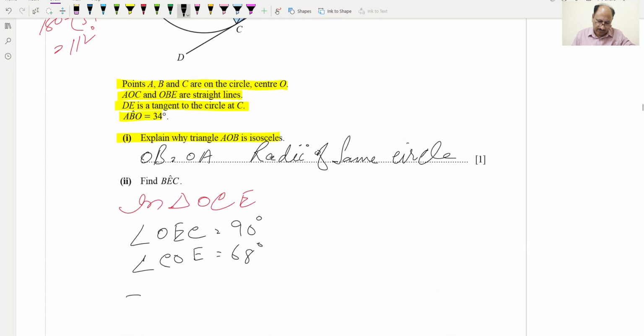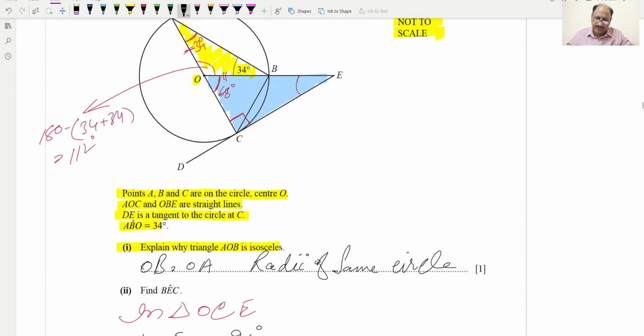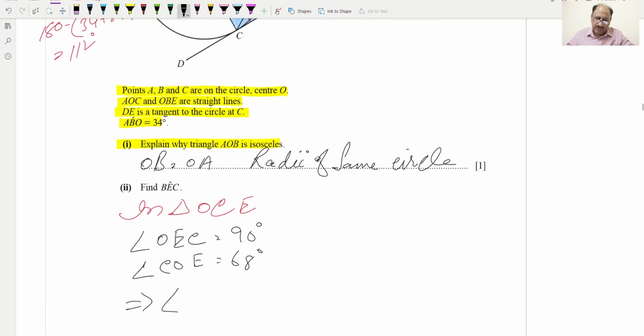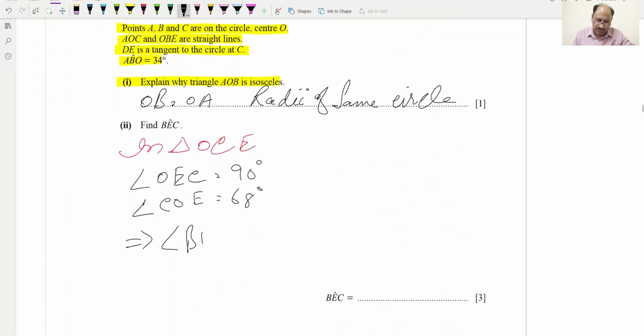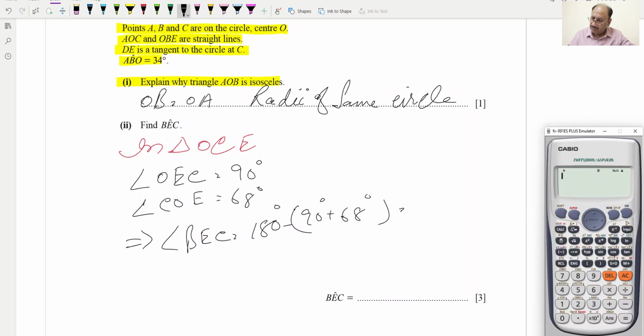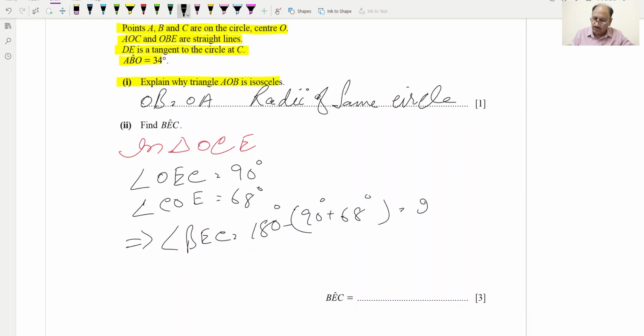Hence this implies the angle BEC will be equal to 180 minus (90 plus 68), and this will be equal to 22 degrees. 22 degrees, this will be our final answer.